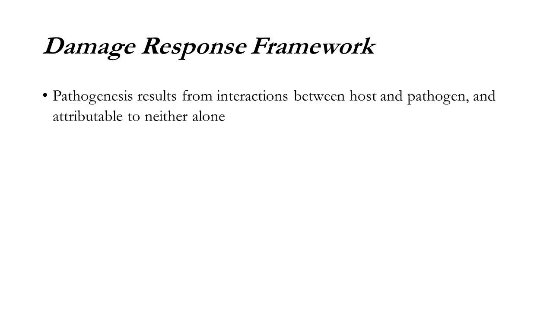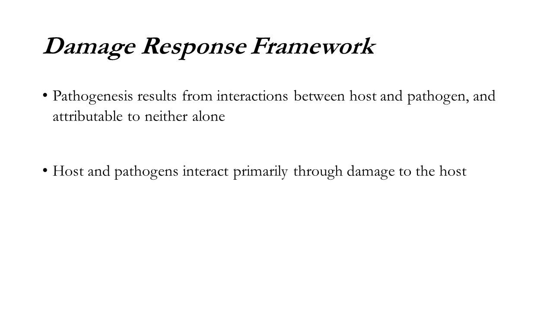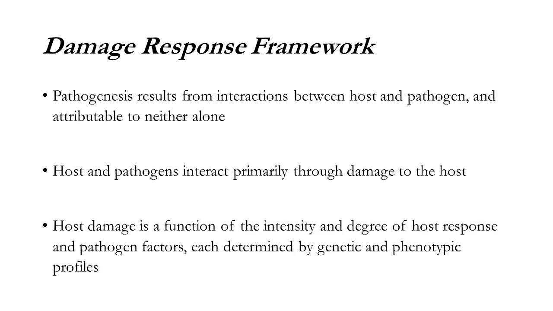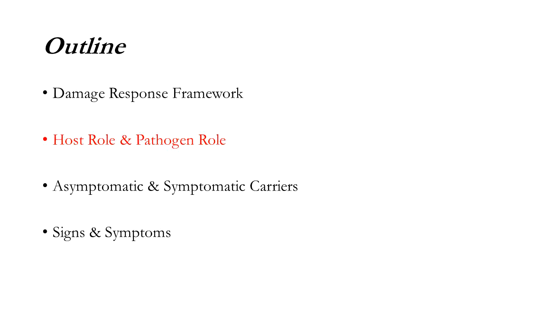Namely, pathogenesis results from interactions between hosts and pathogens, and it's not attributable to either alone. Hosts and pathogens interact primarily through damage to the host, and host damage is a function of the intensity and degree of the host response and pathogen factors, each of which are determined by genetic and phenotypic profiles of the relevant entity. And this is our research conceit as we construct terms in the ontologies for hosts and pathogens.